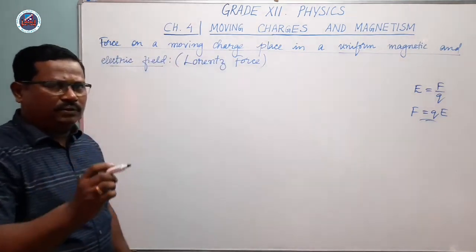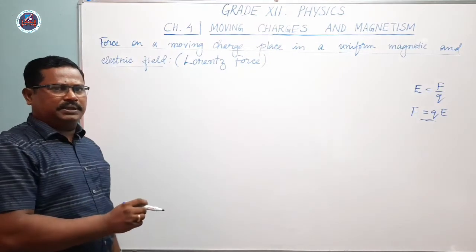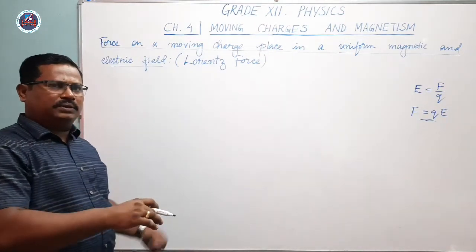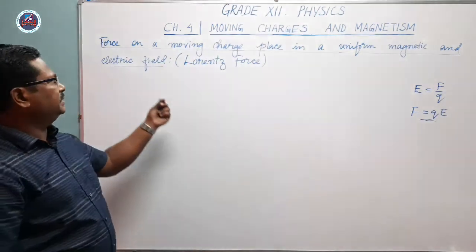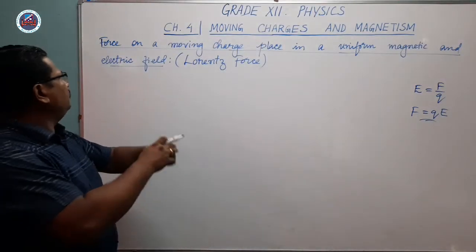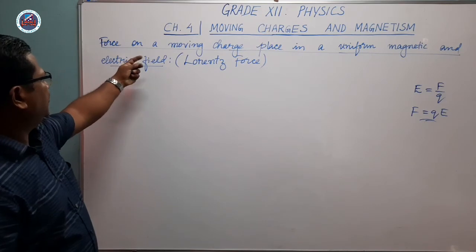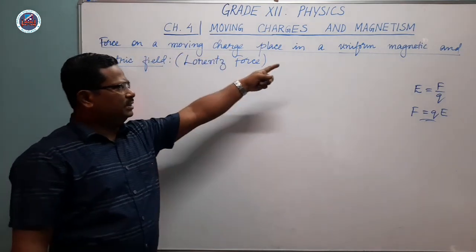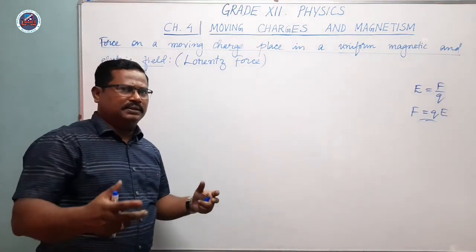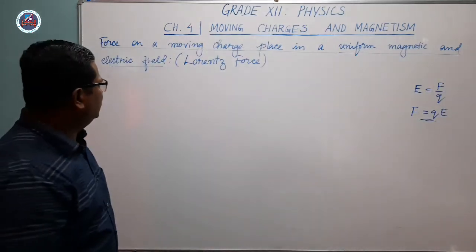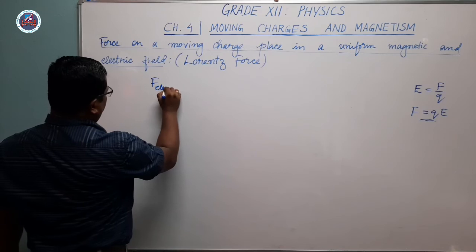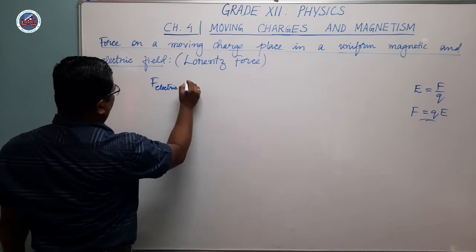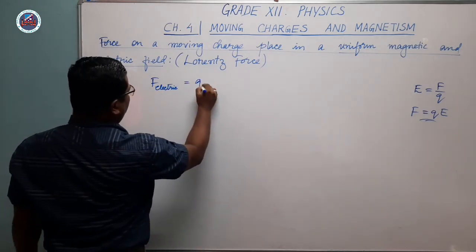Now this electric force that will be experienced by the charged particle, plus the magnetic force, what we learned earlier, the sum total of both the forces will be experienced by the moving charge when it is placed in a combined electric as well as magnetic field. Electric force is equal to QE.